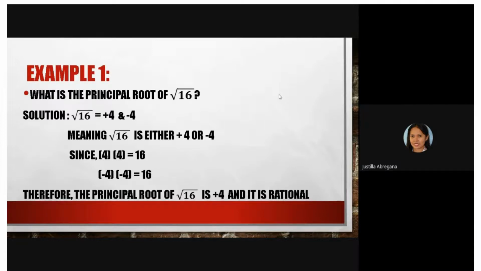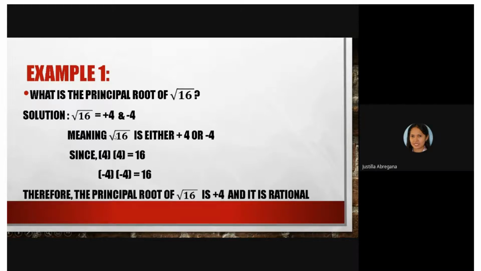Let's take this example 1. What is the principal root of the square root of 16? Remember that the principal root is the positive root. So for the solution, we find a number that when we multiply it by itself, is equal to 16. So that is positive 4 and negative 4.